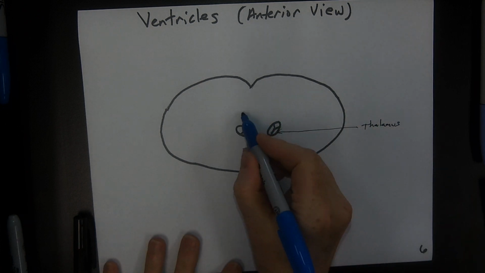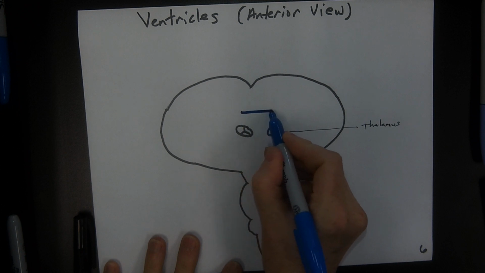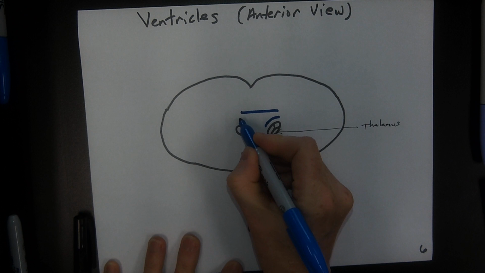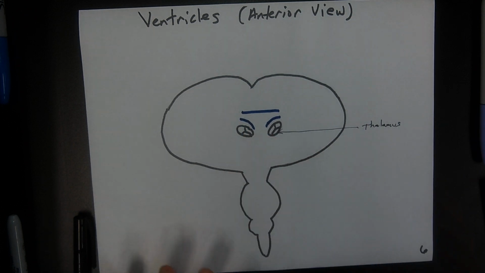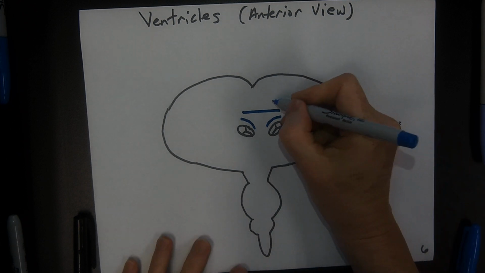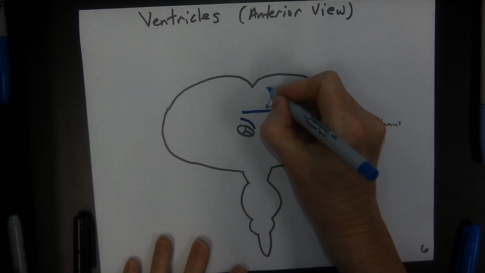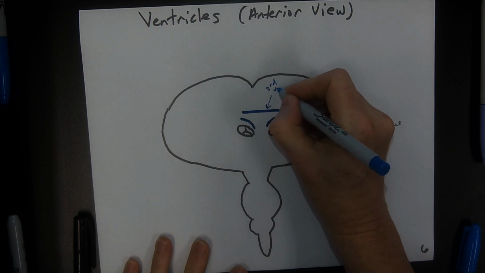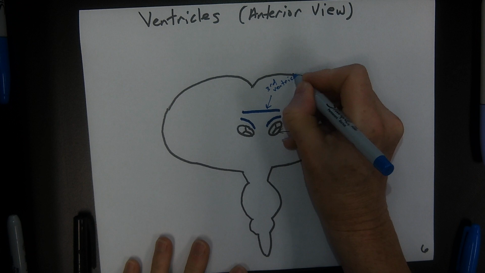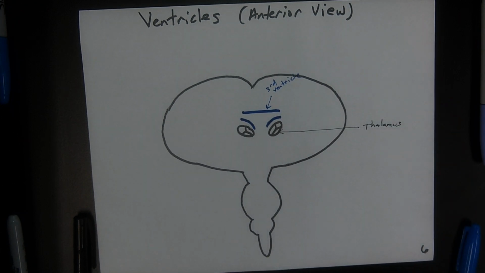It's got the top portion here, and it actually exists in between the thalami. So this is going to be my third ventricle. Okay, that's the top and the sides.